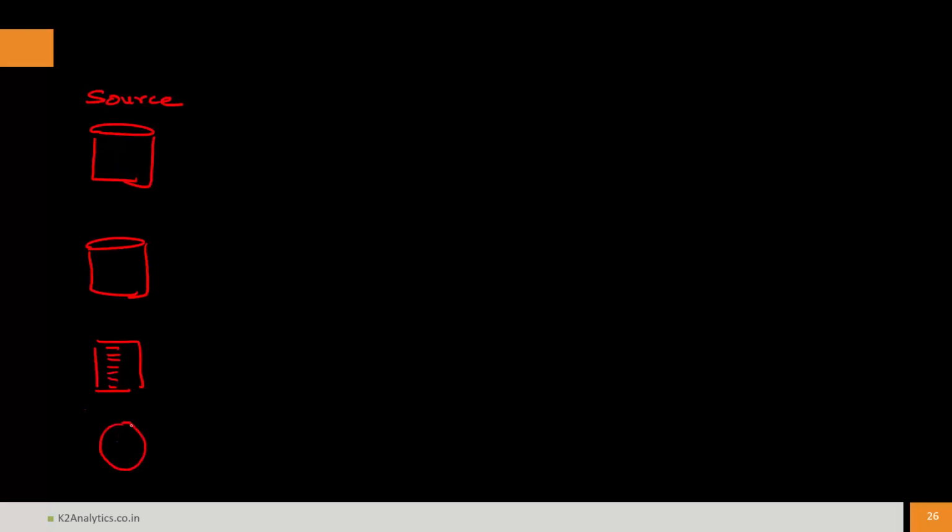We understand when we do ETL, we will have a source, and we can have multiple source systems from where we may have to get the data. The source may be a database, or it may be a file system, or it may be the internet from where we may have to pull the data.